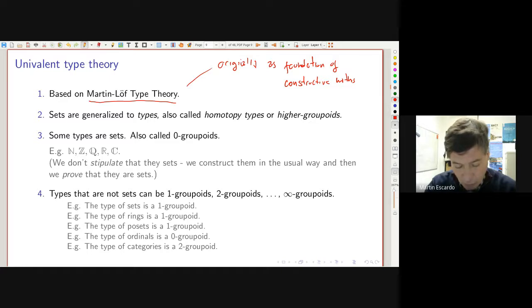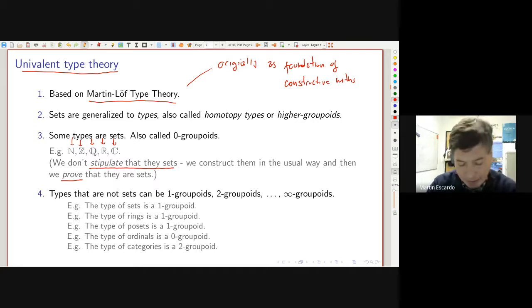So what's going to happen in univalent type theory, we start from one, and then the types are going to generalize sets. It's better to give this by example. So typical examples of sets will be the natural numbers, the integers, the rationals, the real numbers, the complex numbers. And we don't actually stipulate that they are sets. We prove that they are sets. We just define them in the usual way, and then we prove that they are sets.